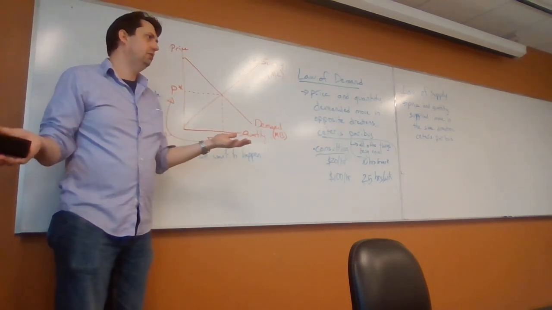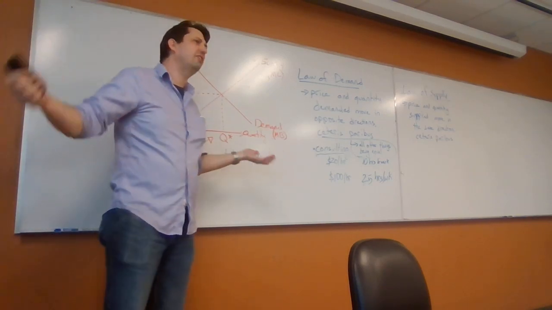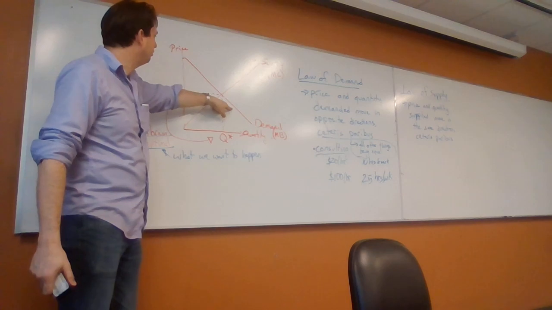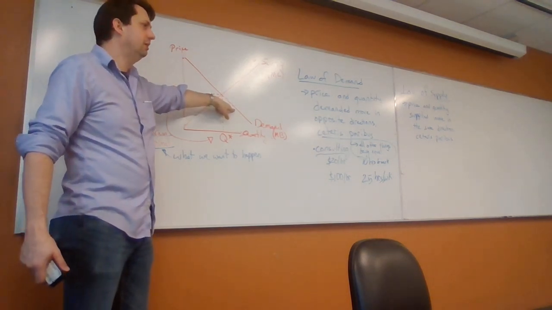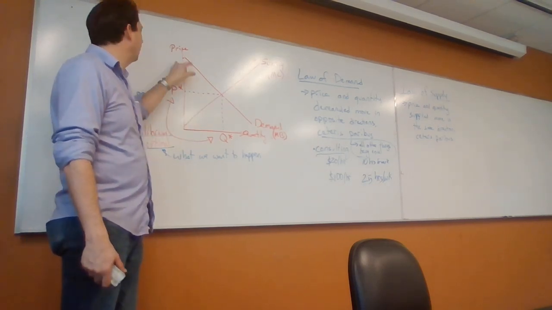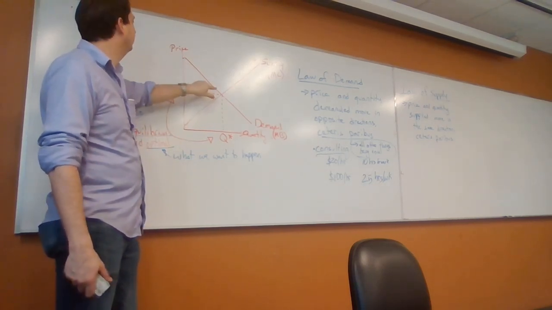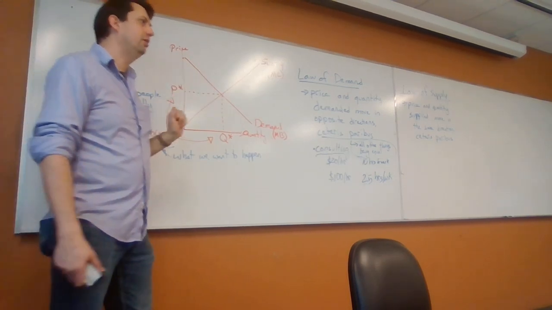Like, chicken is really cheap. I'm kind of sick of chicken because I've eaten it so much, but chicken happens to be really cheap right now, so now I'm going to buy it. Or, eggs are really expensive. Maybe I only need a few eggs because the price is all the way up here, and these uses of eggs I can't justify.